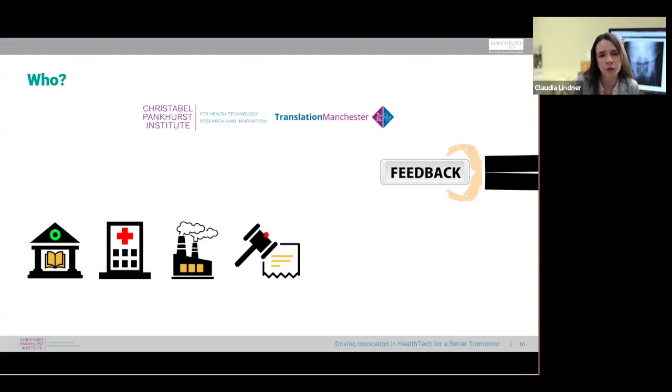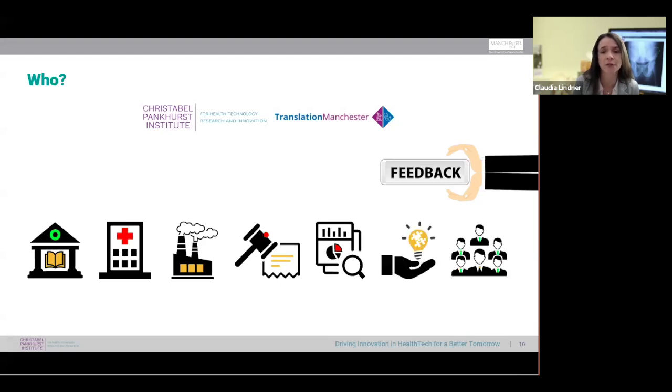We've also had input from regulatory experts, health economic experts, innovation experts, as well as from public contributors. And full details on everyone who contributed to the development of the toolkit are available from the toolkit website.